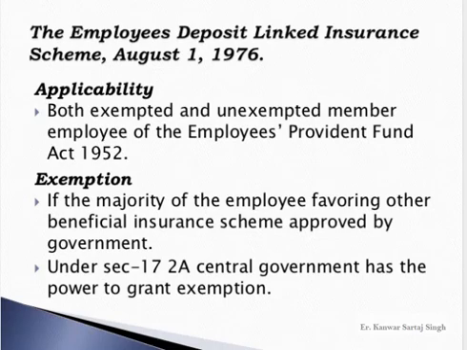Studying its applicability: both exempted and unexempted member employees of the Employees Provident Fund Act 1952. The exemption is given if the majority of the employees favor another beneficial insurance scheme approved by the government. Under Section 17(2A), the central government has the power to grant permission.